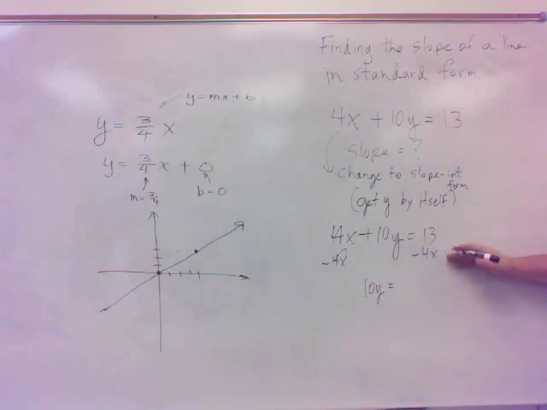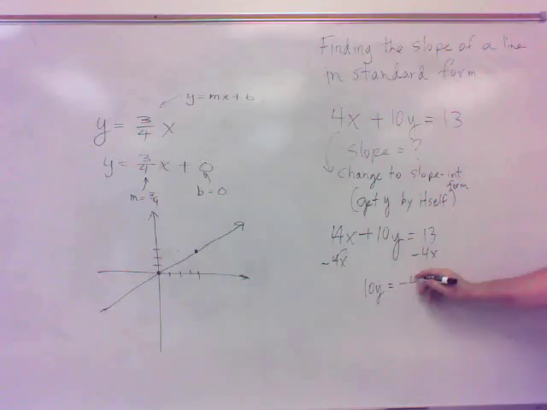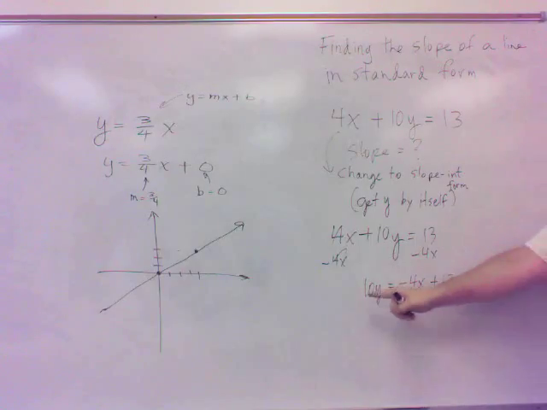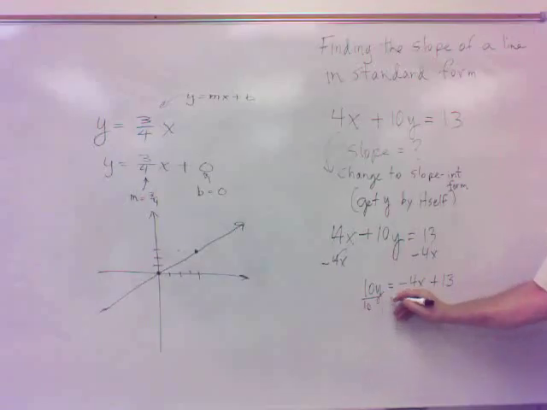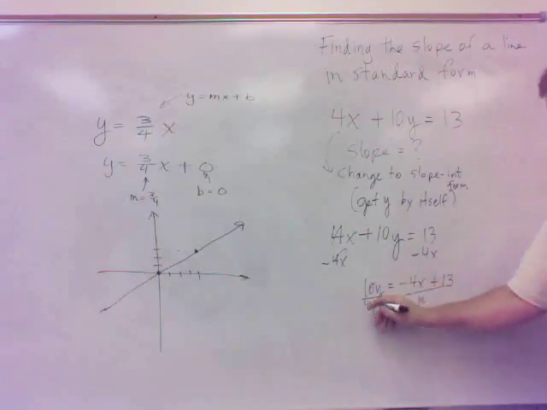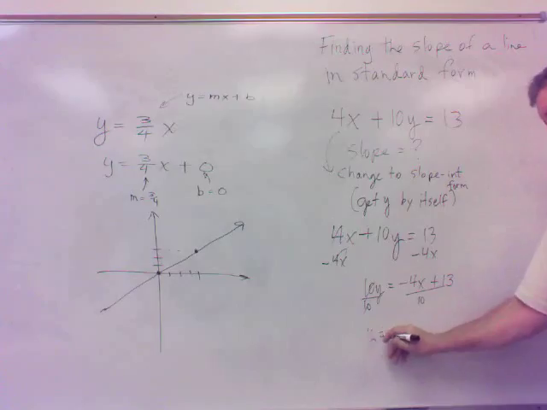Not like terms, so those can't be combined. Let's write the x term first, then the 13. I can't combine those, so I'll just have to say it's minus 4x plus 13. But I do need the y by itself, so I need to divide by 10 on both sides. And I will have the y by itself.